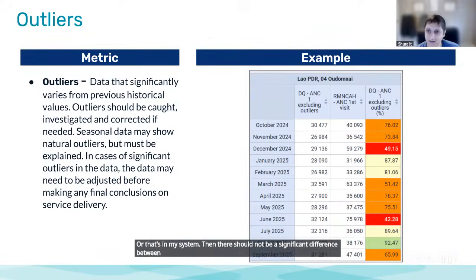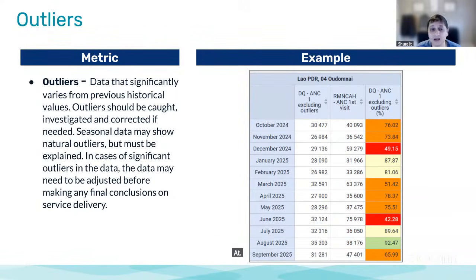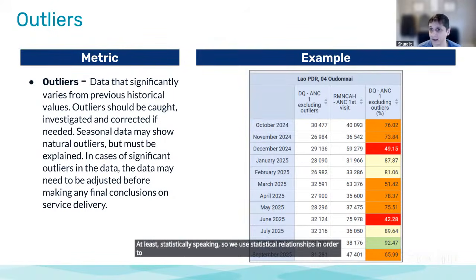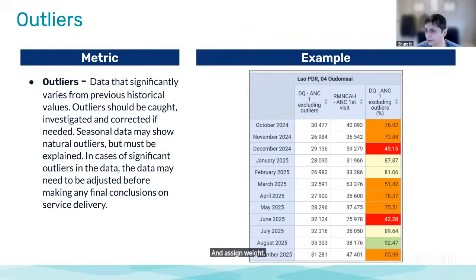It doesn't mean the values can't be different. They just should be within an expected range, at least statistically speaking. So we use statistical relationships to identify these outliers, and assign weight to whether or not these are significant and impact our data.